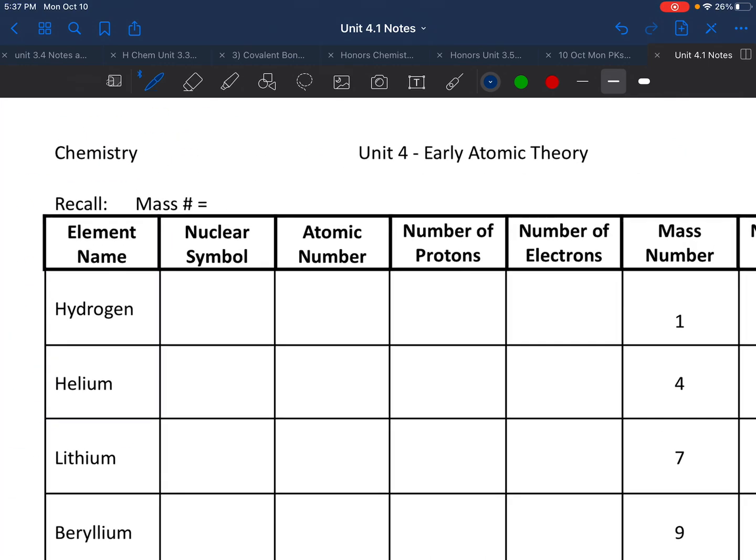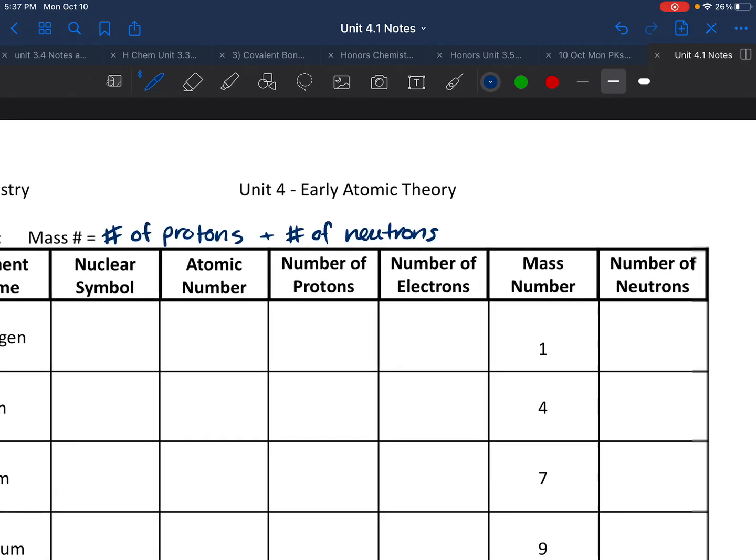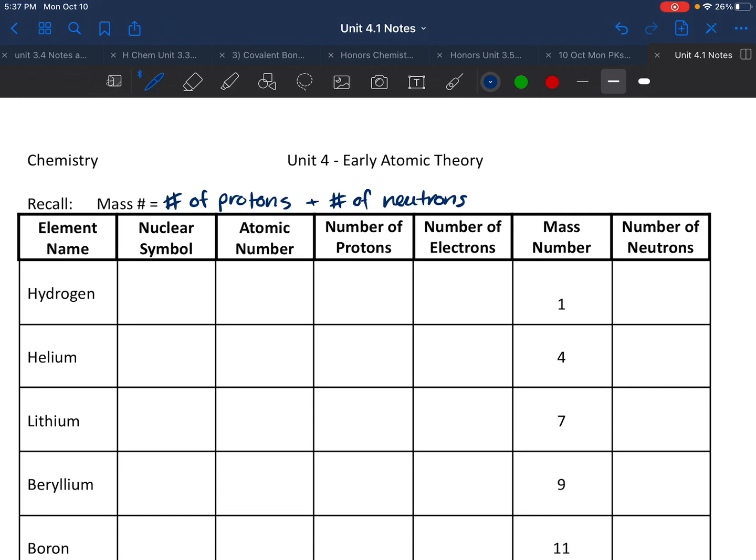Recall that our mass number is equal to our number of protons plus number of neutrons. Okay? So let's start with hydrogen. If you look up that element on the periodic table, its symbol is H, and it has an atomic number of 1.